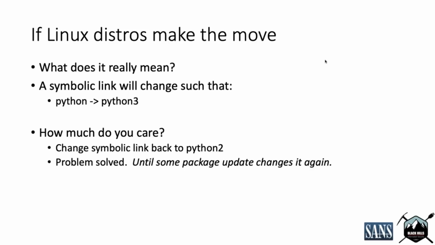So how much do we really care? Somewhat, because some package update, maybe a software update to Python itself, may change that symbolic link back again. So it's really just going to be a maintenance headache for those in the systems administration role with respect to Linux distributions that actually make the move.